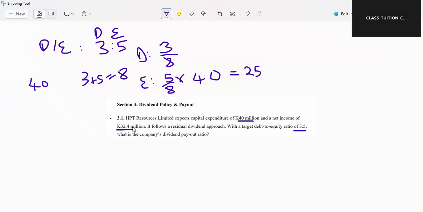Then how much income do we have? This is our capital expenditure, 40. And our income is how much? It's 32.4.